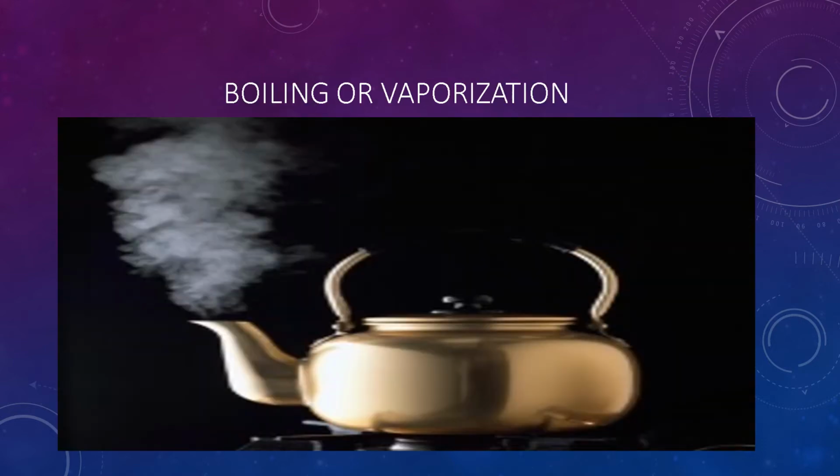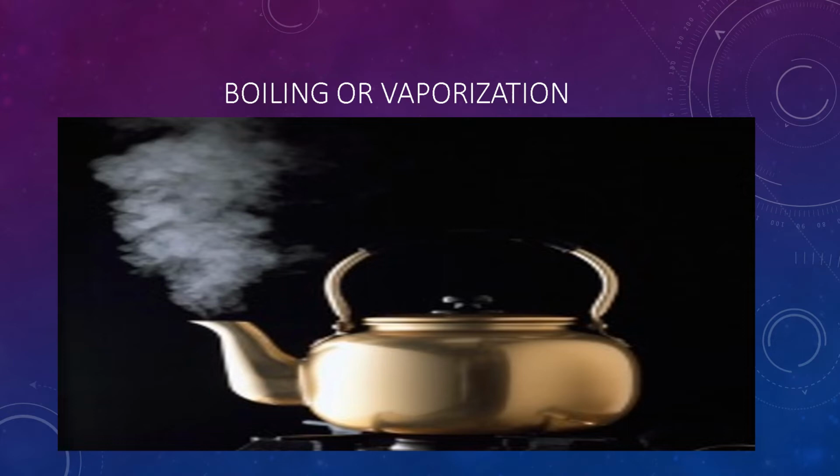Next is boiling or vaporization. When we heat the liquid, its molecules gain more kinetic energy. They start moving faster, and as a result, the intermolecular space between them increases. At a certain temperature, the molecules are able to overcome the intermolecular force of attraction and escape into the space above the liquid.